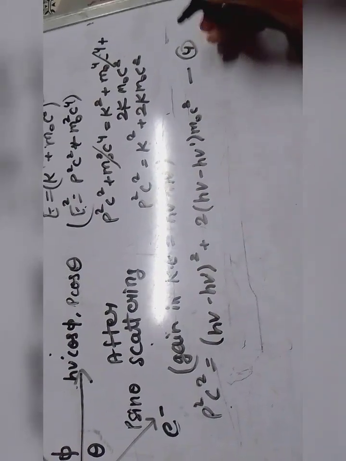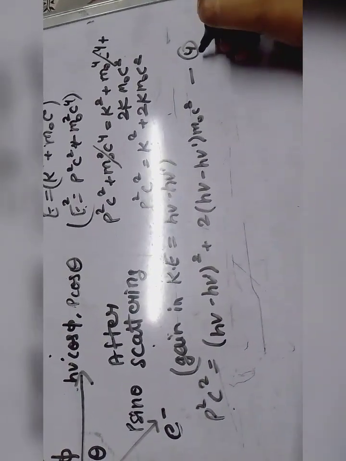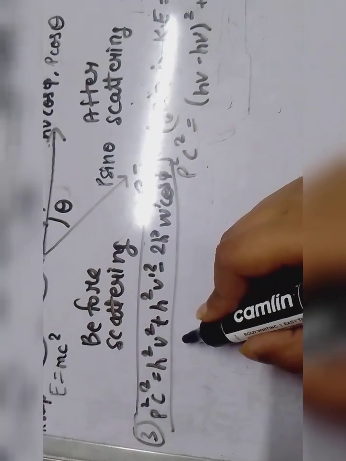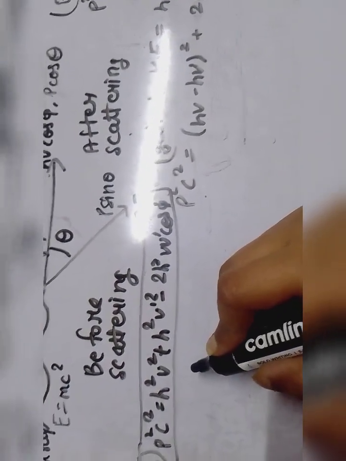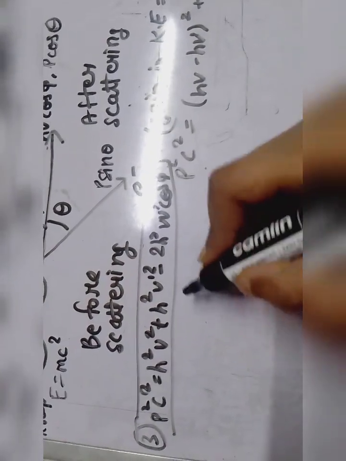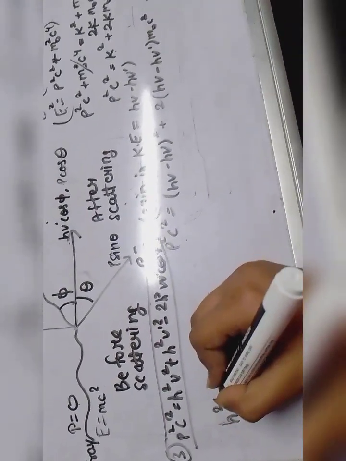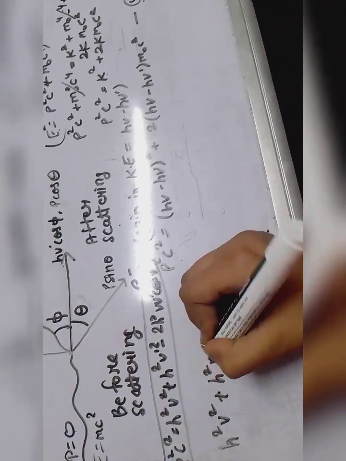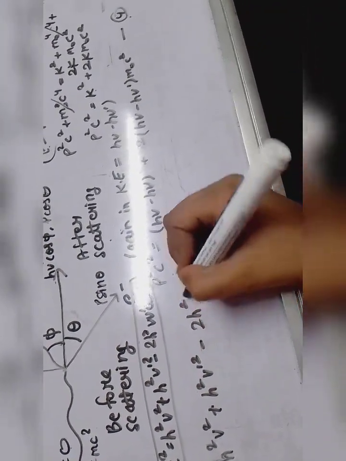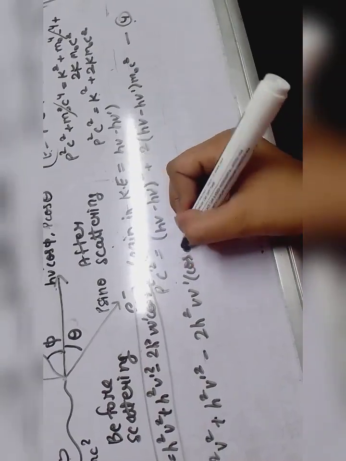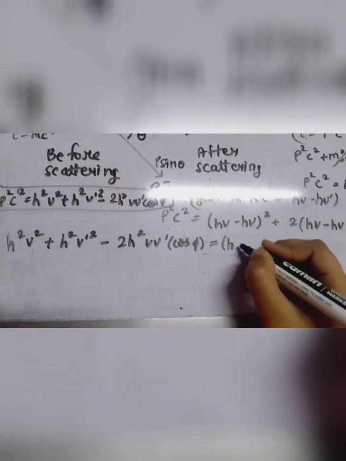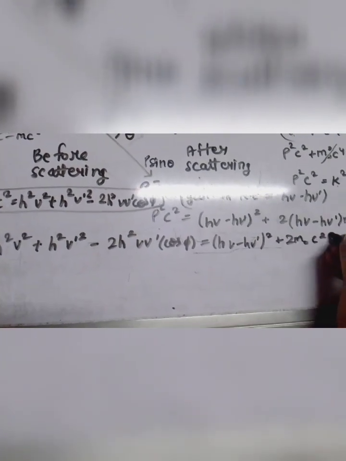Now, using equation 3 and equation 4, which I got by solving the law of conservation of momentum, I have this third equation and this fourth equation. After solving both, I will get h square mu square plus h square mu dash square minus 2h square mu mu dash cos phi is equal to (h mu minus h mu dash) square plus 2 m naught c square (h mu minus h mu dash).